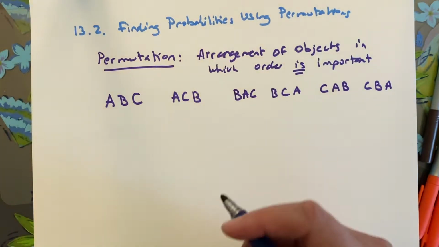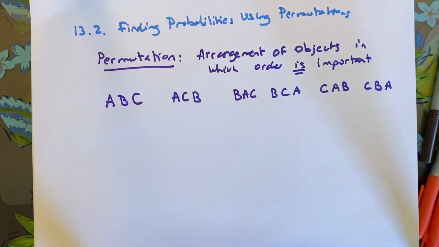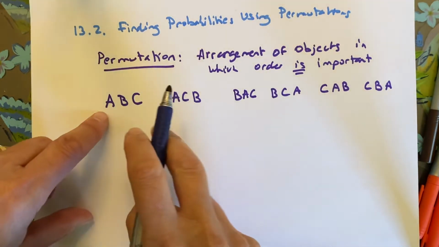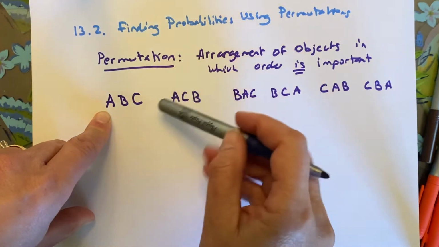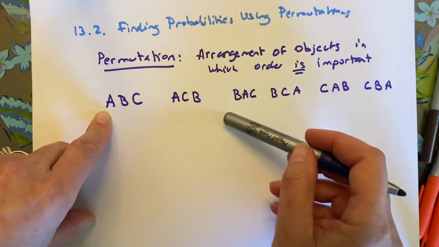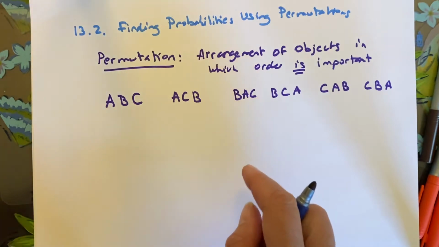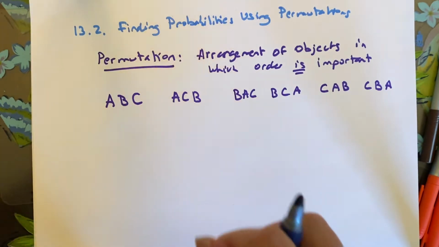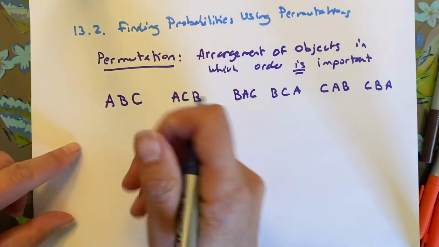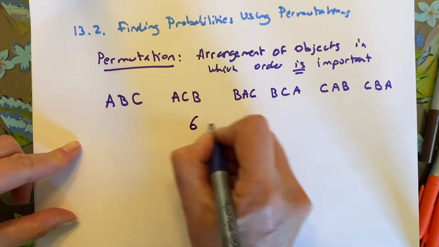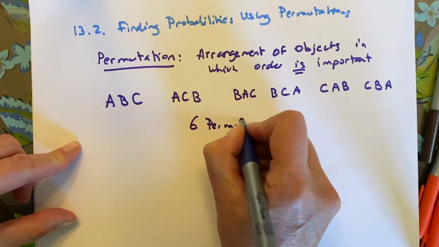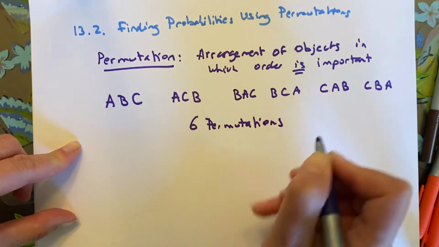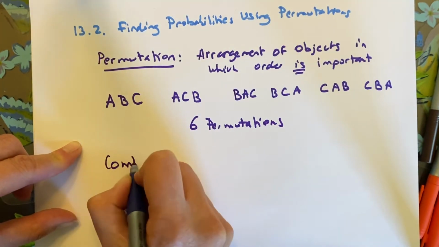But if we were talking about a combination, then we would say there's one combination. It doesn't really matter as long as you have the letters A, B, and C. If order doesn't matter, you have one combination, but you have 6 permutations.